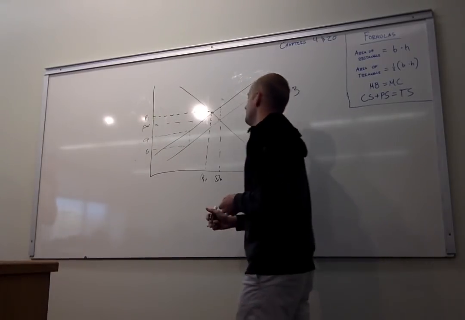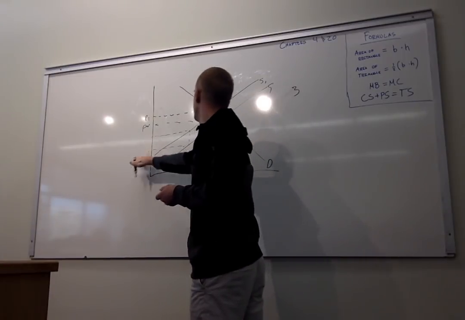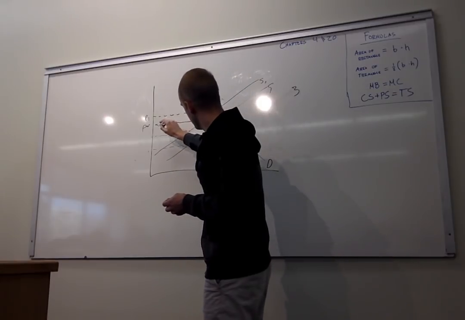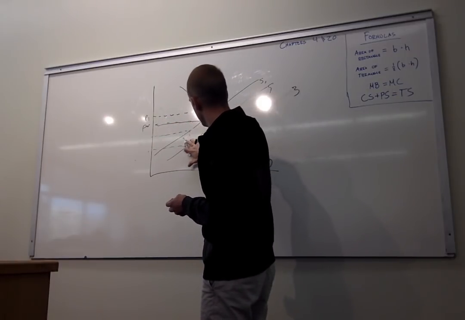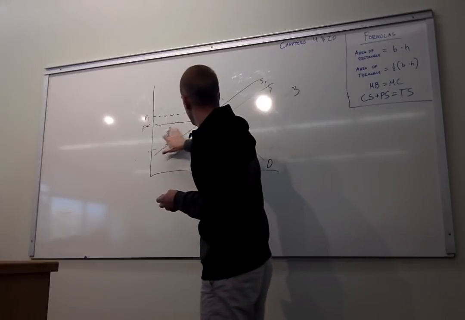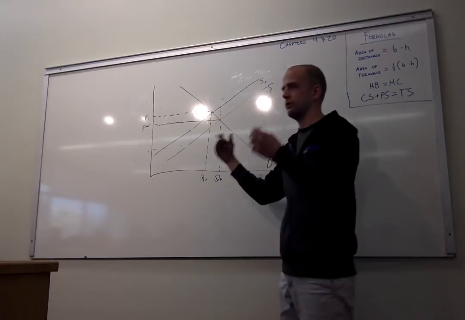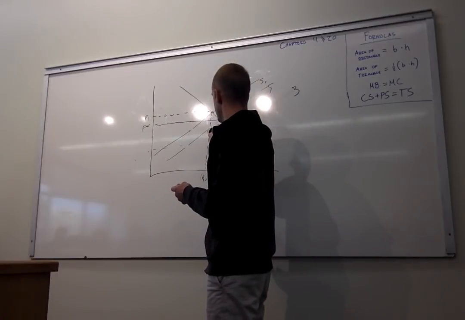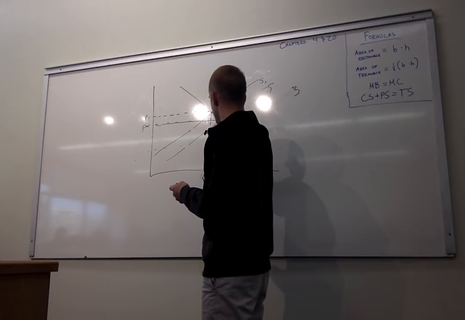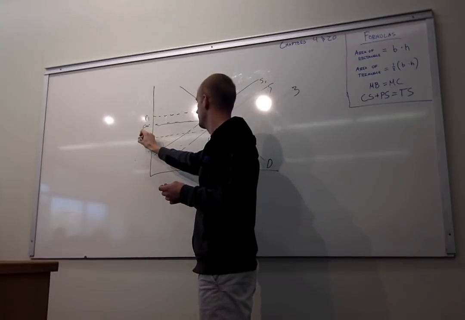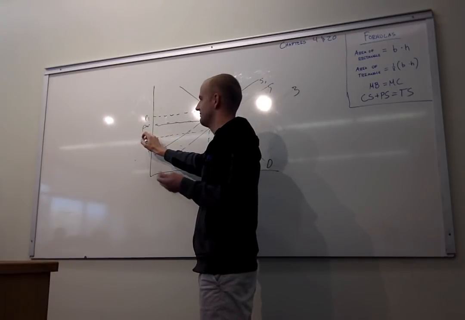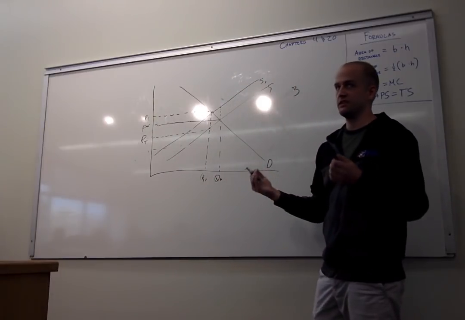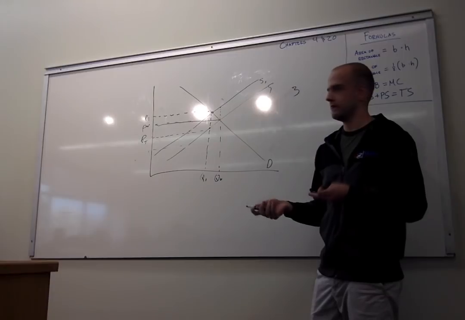Before, producer surplus was all this area below the price but above the supply curve. But now the effective price they're receiving is the same amount minus the tax, so we'll call that P after the tax, the realized price that's actually getting to the producer.